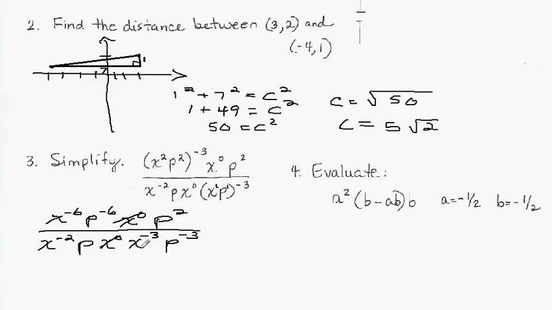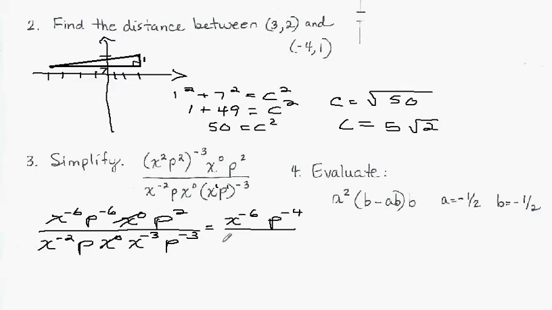Now I'm going to combine my p's and x's in the numerator and denominator. So we're going to get x to the negative 6, p. Now they're not a power to a power anymore. If you're multiplying with the same base, you add the exponents. So it's p to the negative 4.